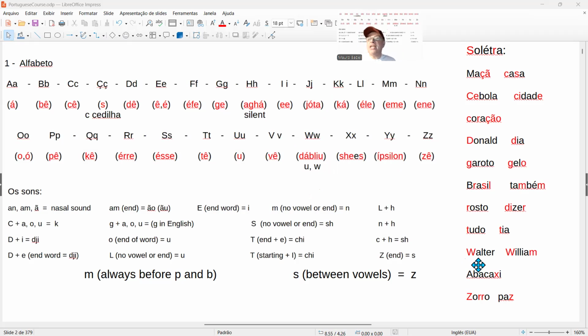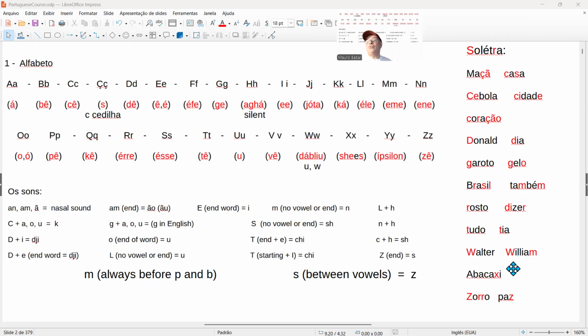In Portuguese, it sounds like a V, Valter. Look at the L in the middle of the word: U sounds like U. Walter. Just for the sound.